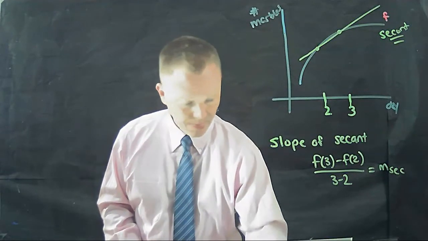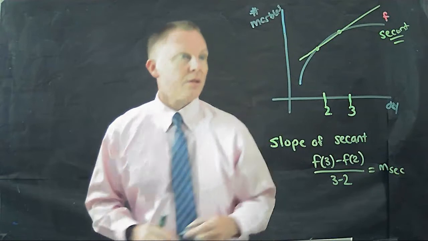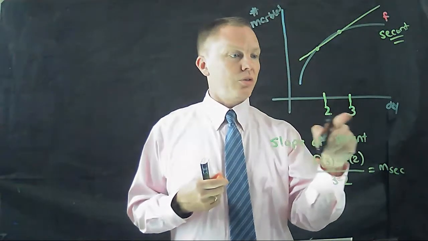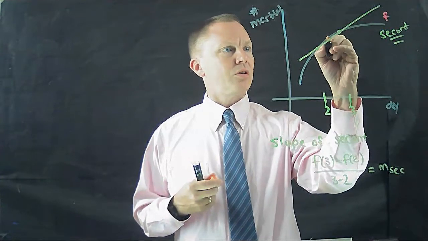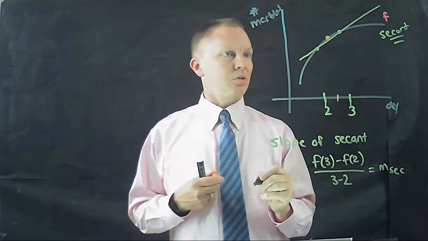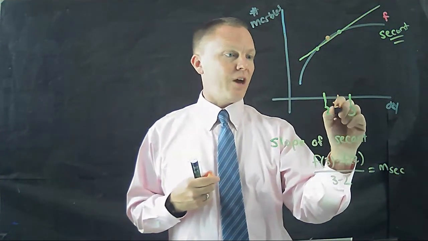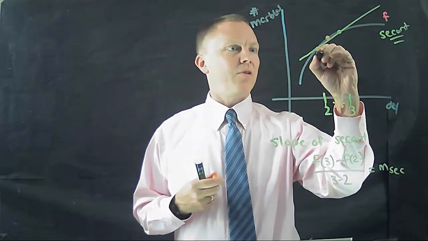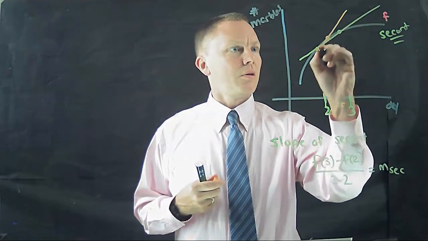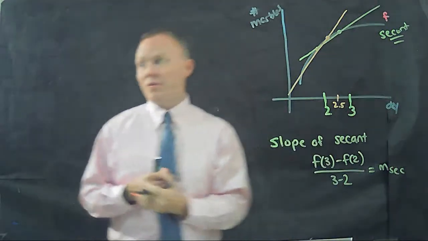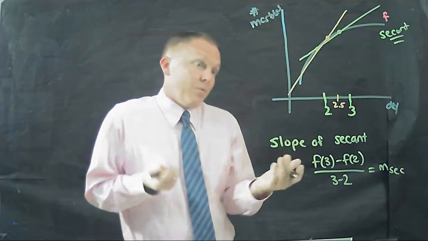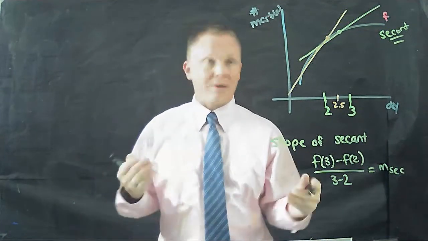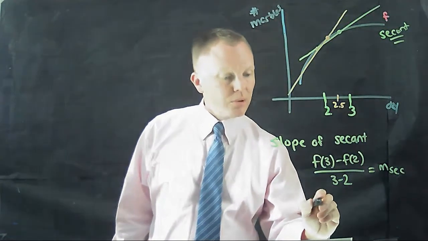Well, what if, instead of using 2 and 3, we picked another value that was a little closer to 2? Like maybe 2.5. And we found the slope of that line. How would we represent that slope?